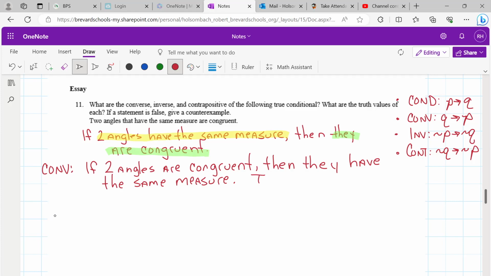We need the inverse. The inverse is when we negate the original hypothesis and we negate the original conclusion.